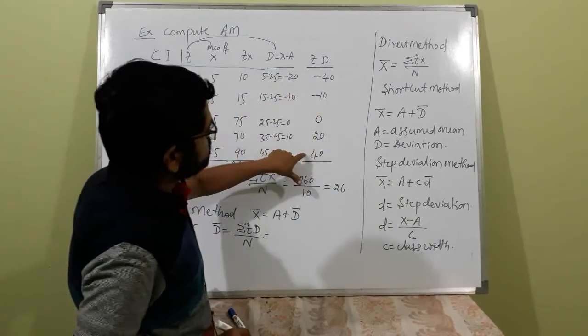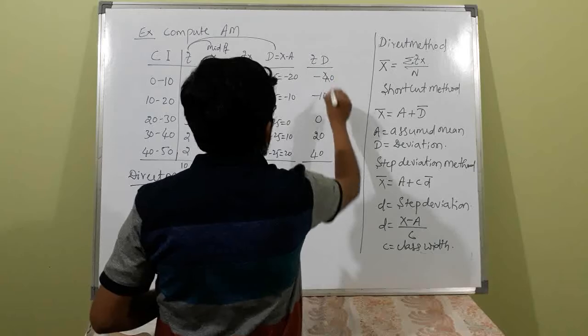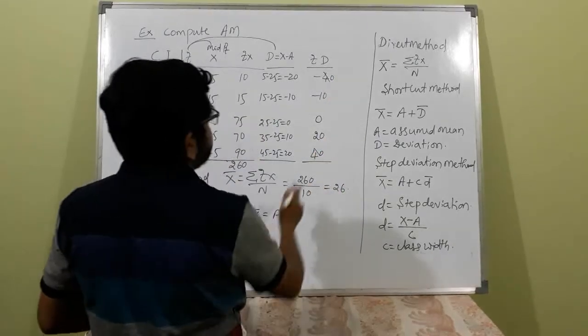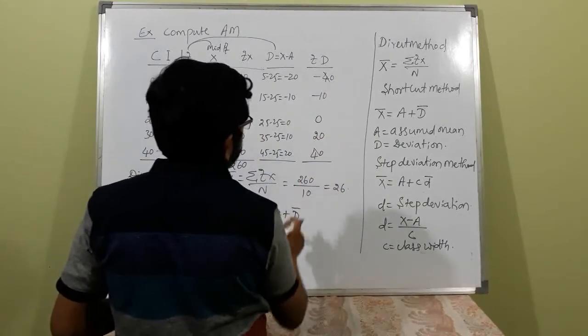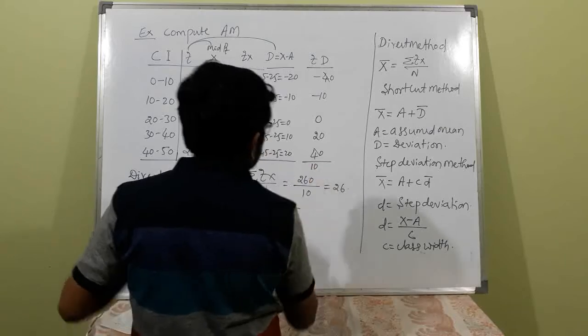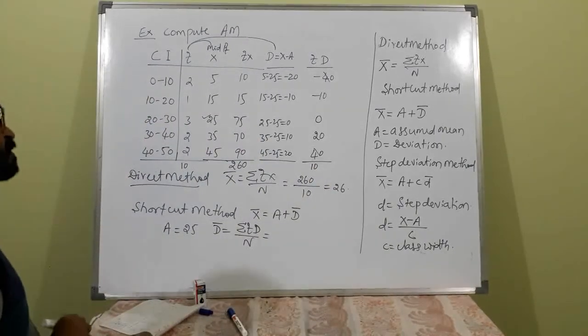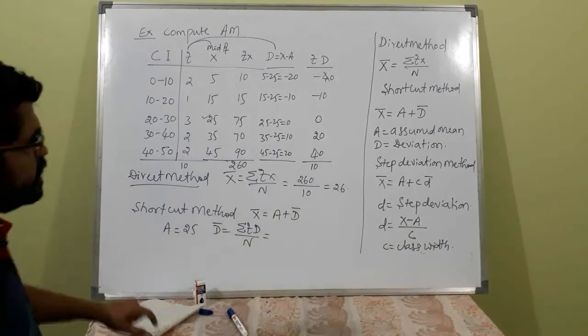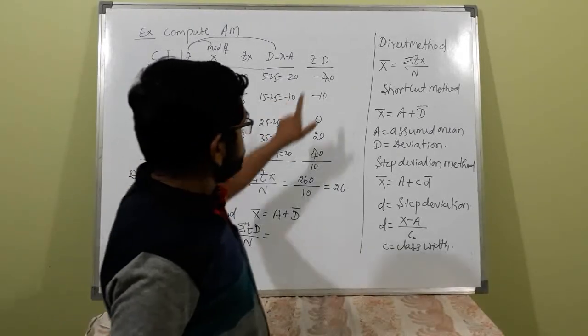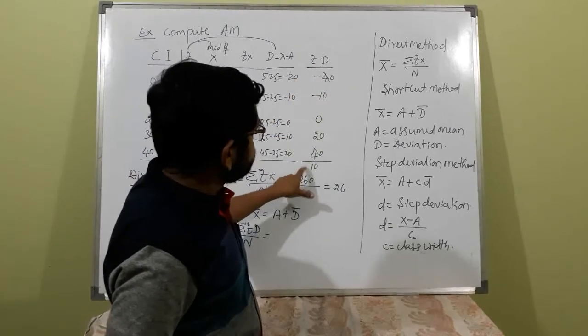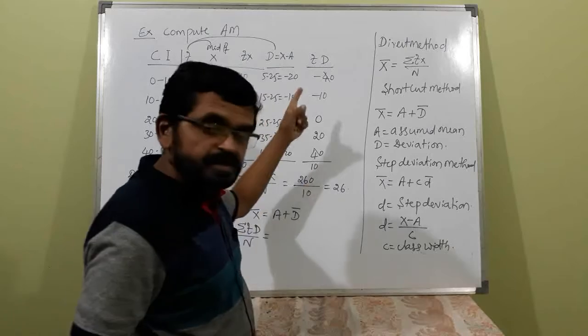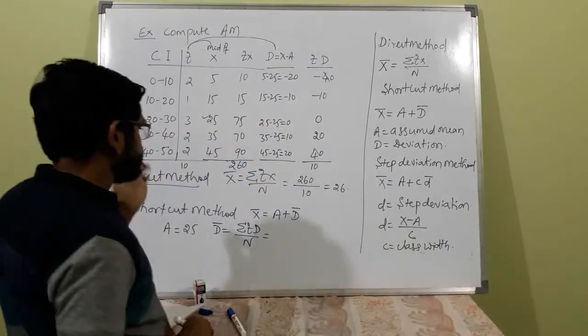Minus 40 plus 40 get cancelled. Minus 10 plus 20. So 20 minus 10 is 10. Summation FD means total of FD column, that is 10.